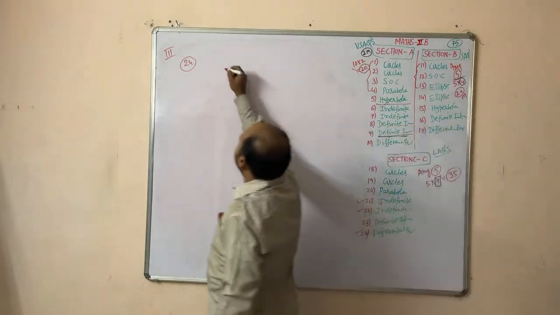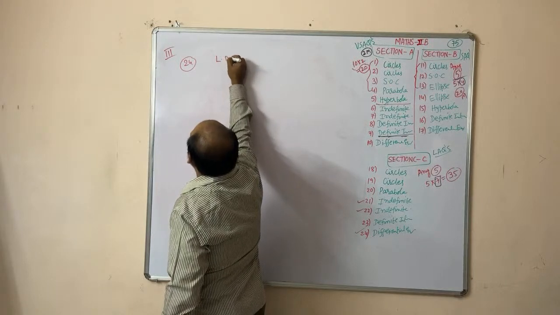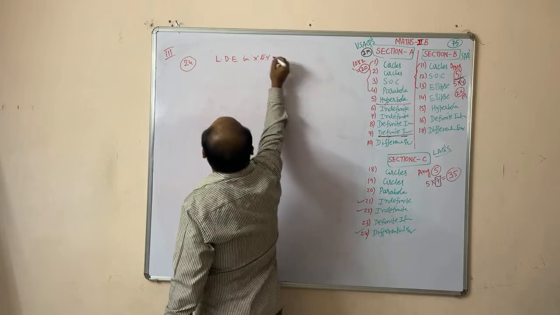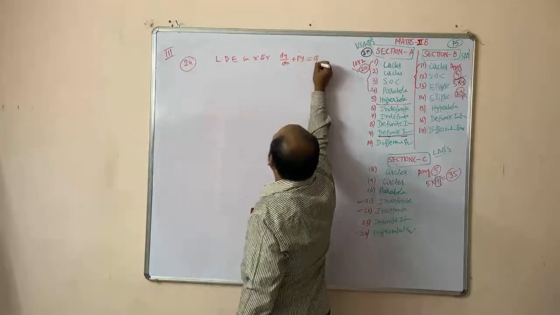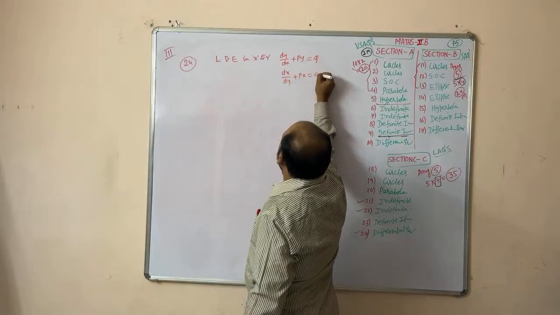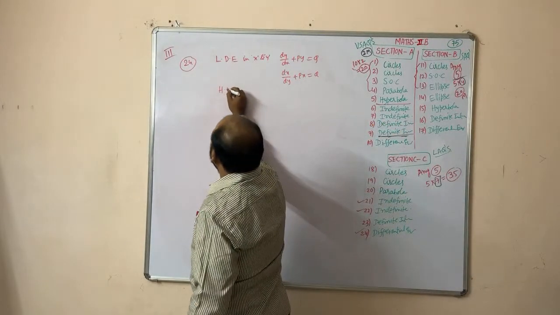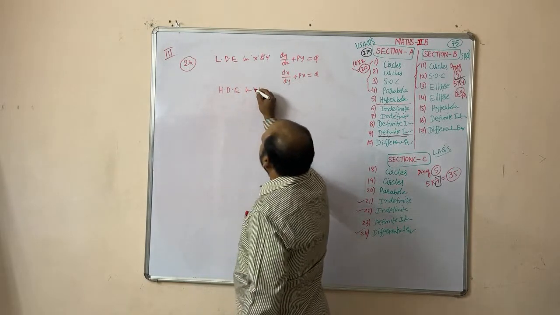Differential equations, first preference, linear differential equation in x and y. So that equations are dy by dx plus py is equal to q, or dx by dy plus px is equal to q. These type of questions.